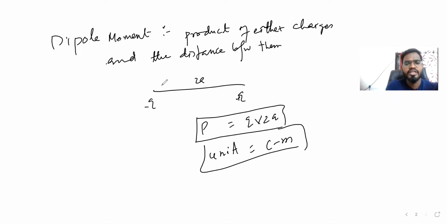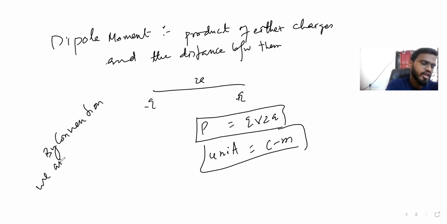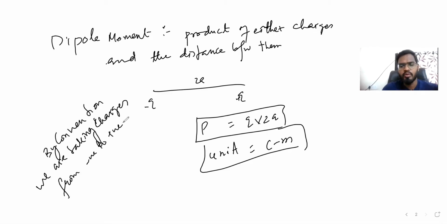It is a vector quantity. By convention, we are taking the direction from negative to positive. So P is a vector quantity.